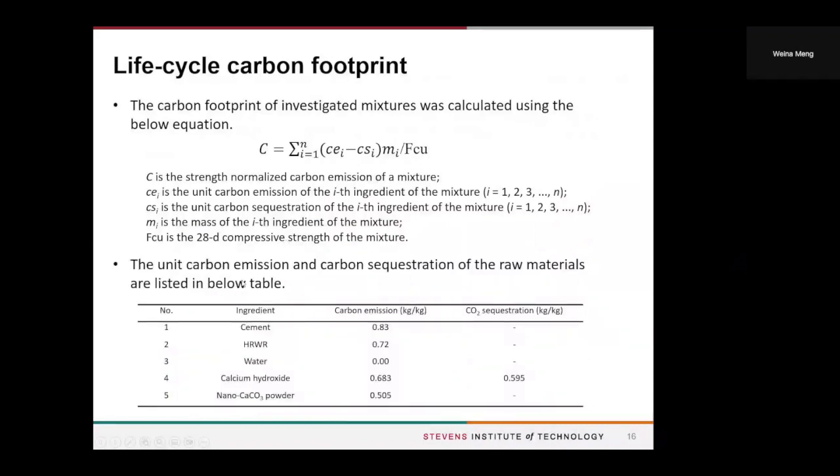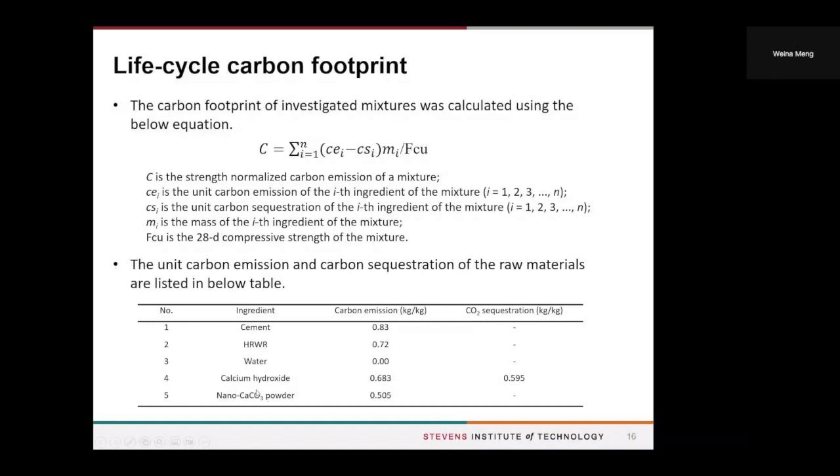This table shows the carbon emission and carbon sequestration of the raw materials we used. As you can see, the calcium hydroxide and nano calcium carbonate powders have high carbon emission, right? But compared to cement, it's significantly reduced.